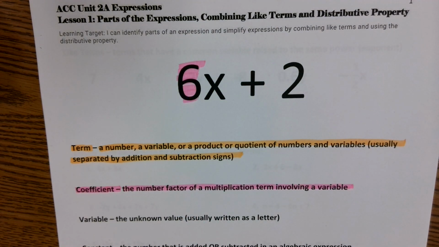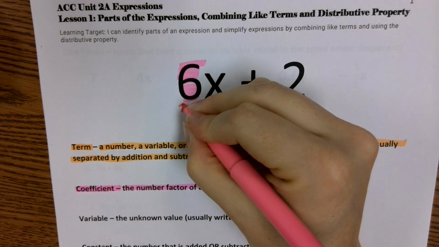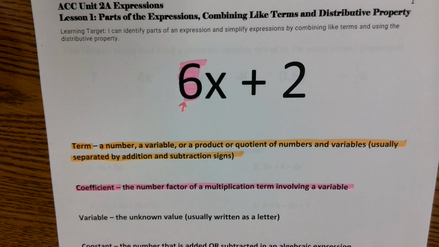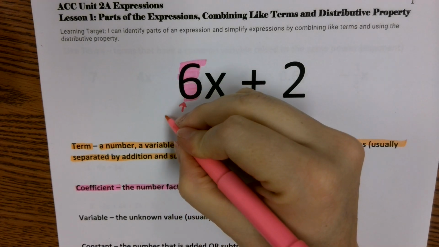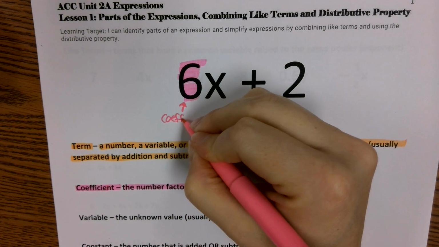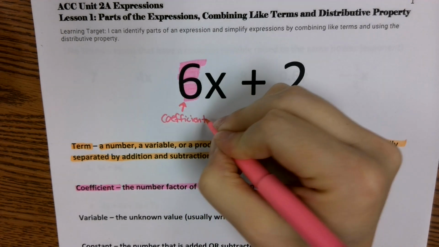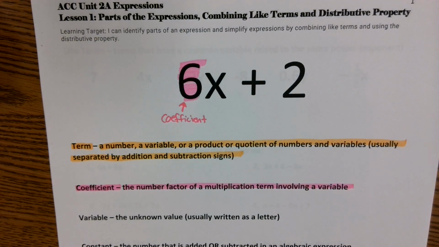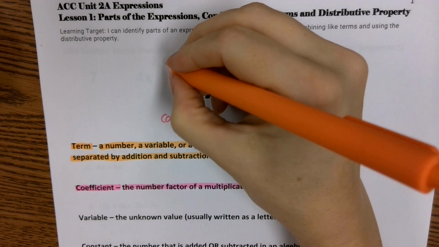The biggest mistake people make all the time is when I ask for my coefficient, they say 6x. But 6x is not a coefficient. The 6 is the only part that's considered the coefficient. 6x is actually called a term.